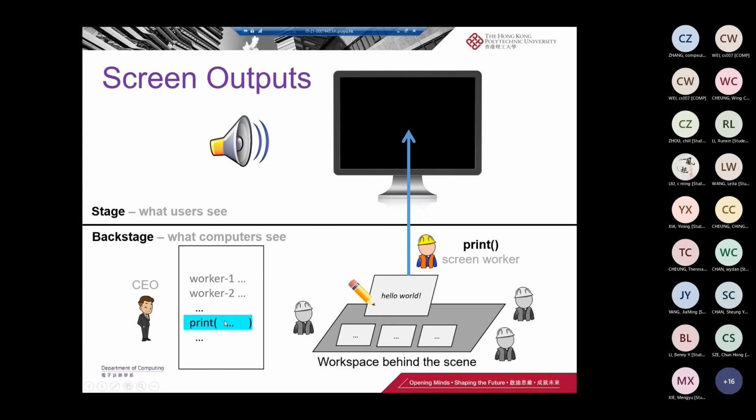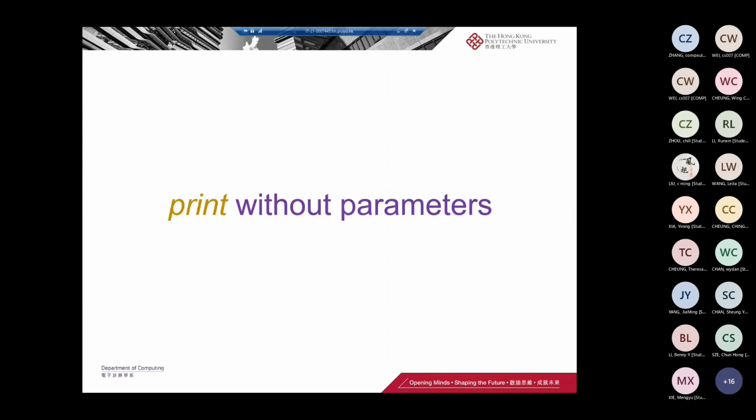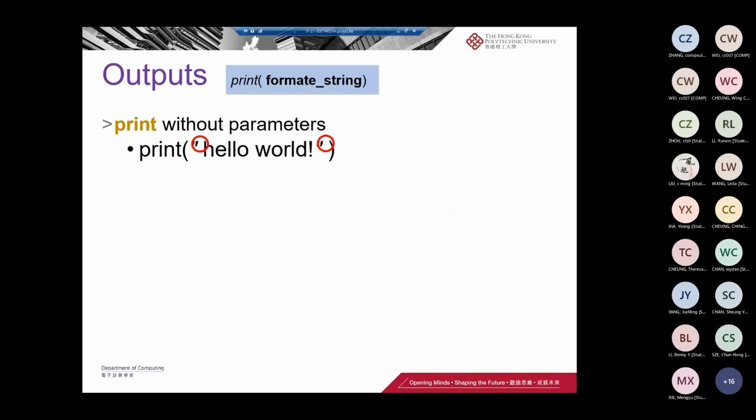The computer will save that content in the memory, like a punched card to recall the content you're going to print. When you call this, the worker will copy that content to the screen, one character by one character. That is just what the print function is doing. So print is the easiest one.